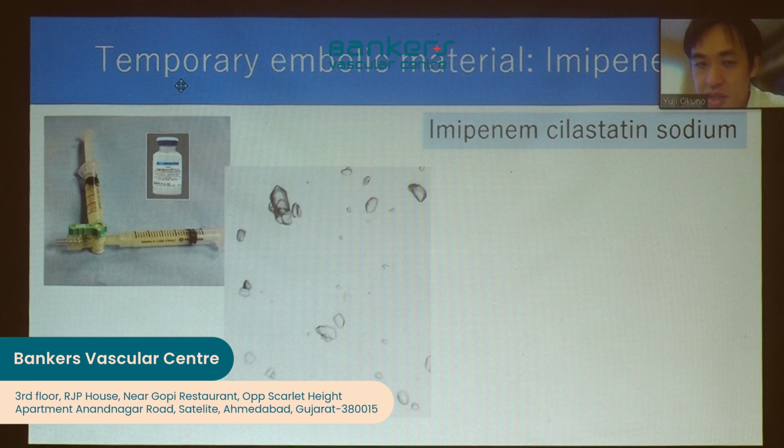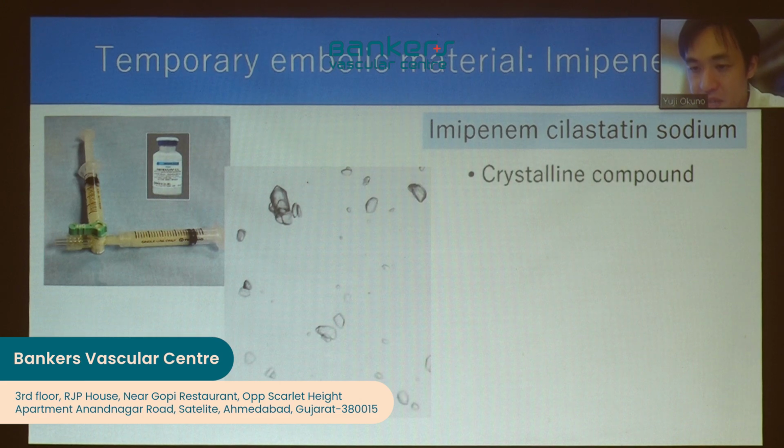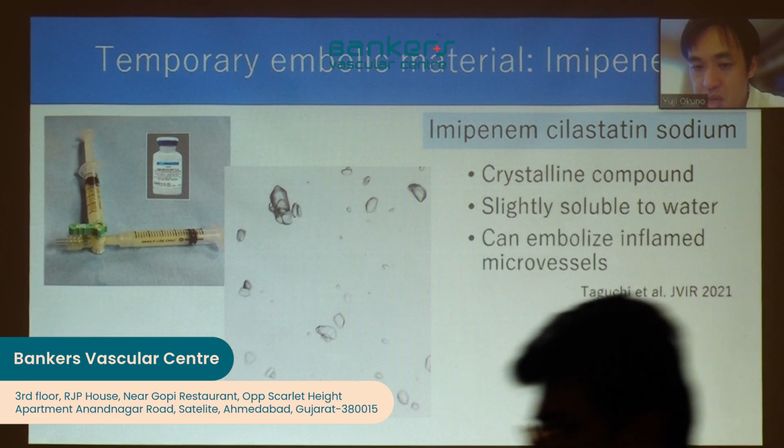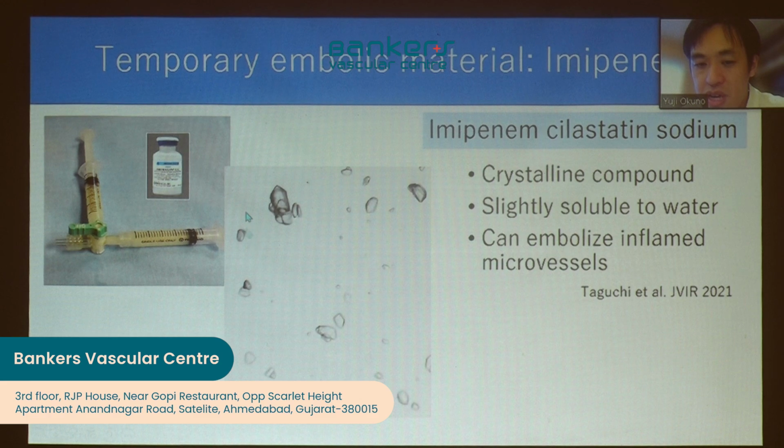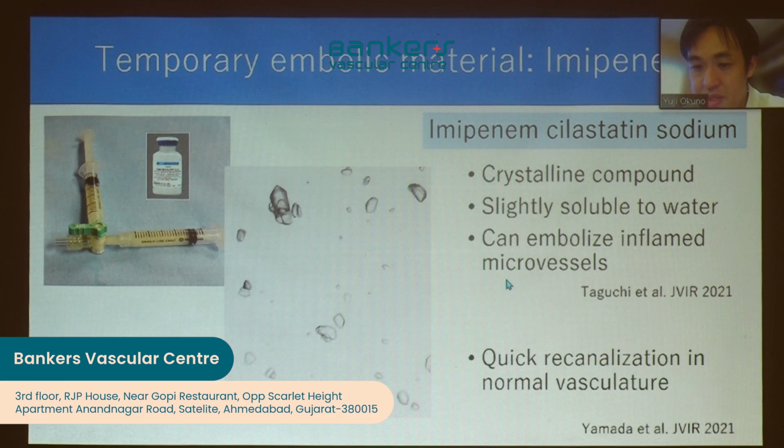The first temporary embolic material we used was imipenem. This is an antibiotic, a crystalline compound slightly soluble in water. So this particle can embolize the inflammatory microvessels, but quickly recanalizes in normal vasculature.